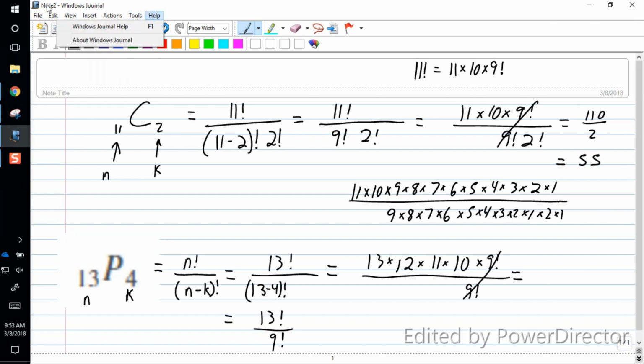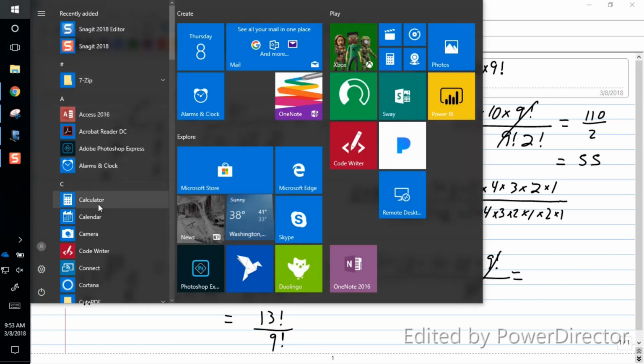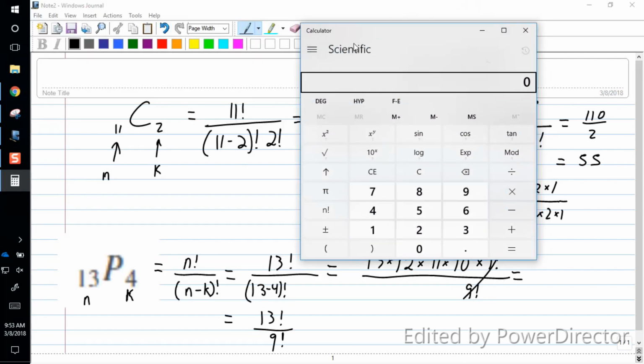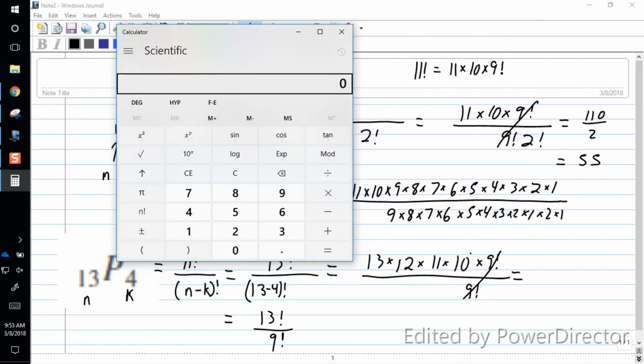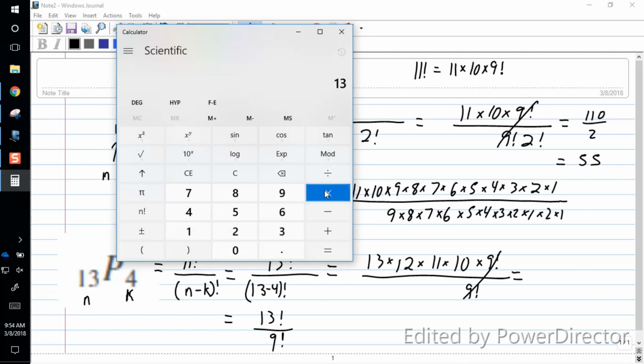So then I just need a calculator to do this. So that's 13 times 12 times 11 times 10. So I should get 17,160.